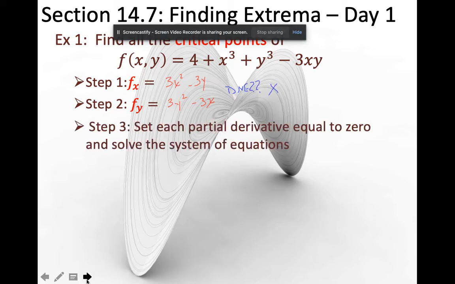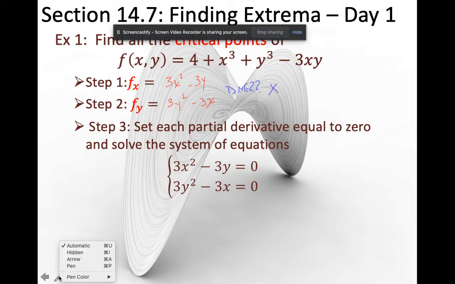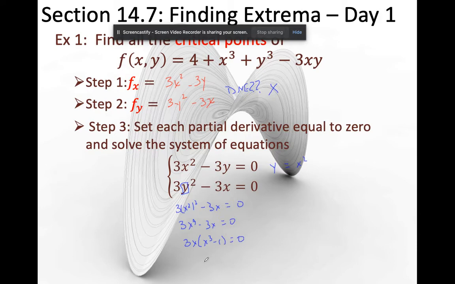Nope. So now set them equal to 0 and solve the system, because you need points that make both derivatives equal to 0 at the same point. So I'm just going to do a little bit of algebra 1 here. Subtract 3x squared, divide by -3. Plug in x squared for the y. So x is equal to 0 or x is equal to 1.